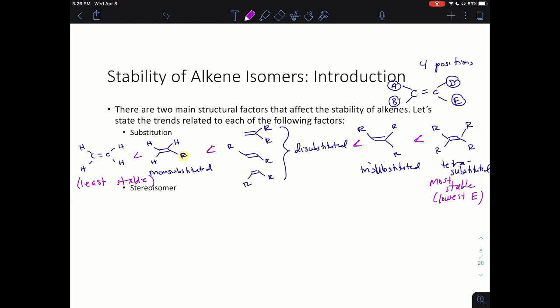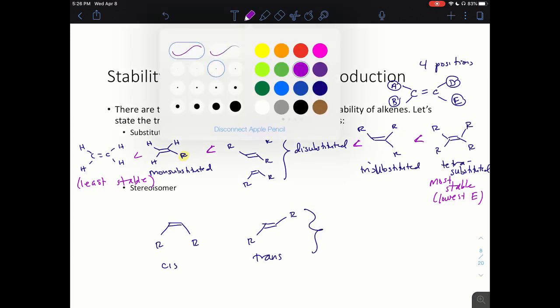Cool. So substitution pattern, and then also stereoisomers. So when we look at the disubstituted, the trans is actually more stable than the cis. So the trans is the more stable isomer.